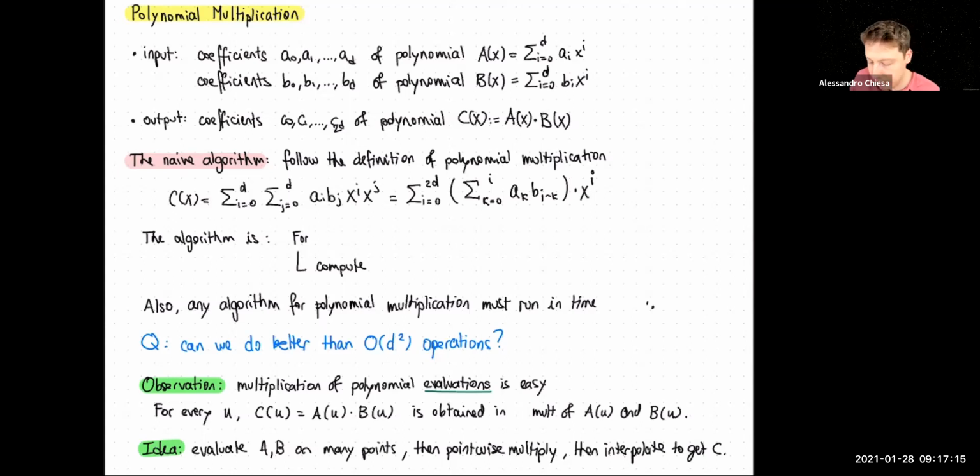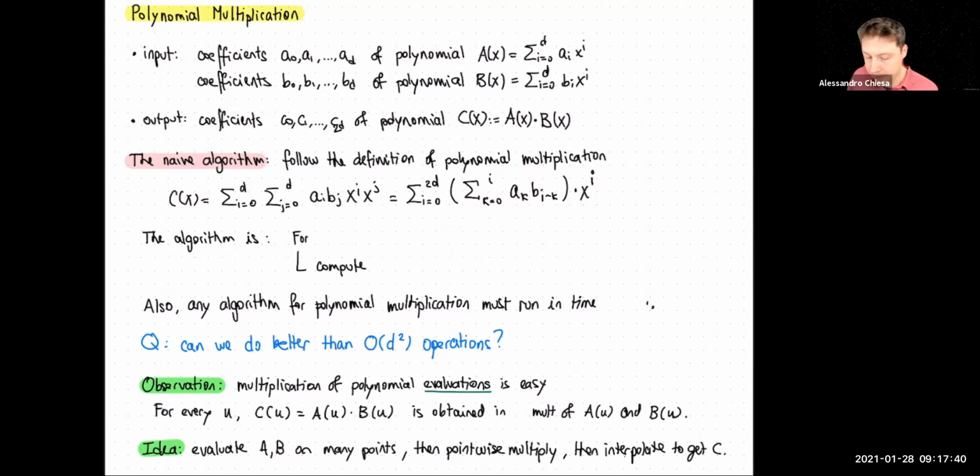Because here, look, we're considering all the pairwise products, and whenever i and j sum to a particular power, here called i, I need to consider all the possible combinations of i and j that sum up to it. So here I'm calling them k and i minus k. These are all the possible combinations that produce the power x to the i, okay?